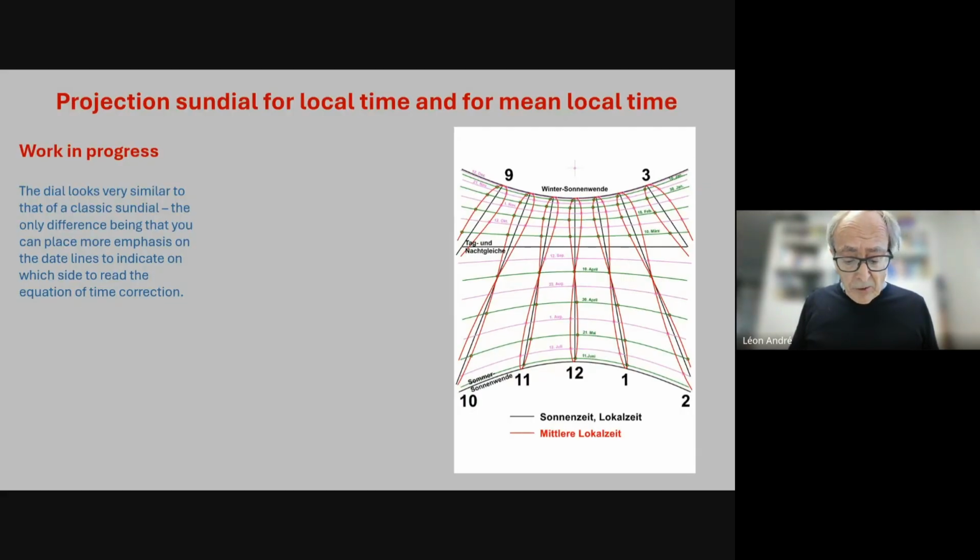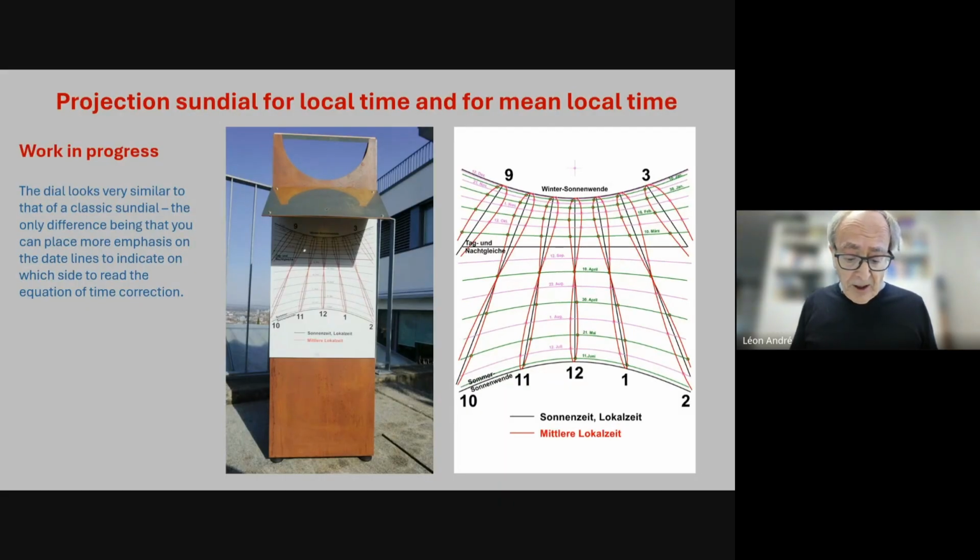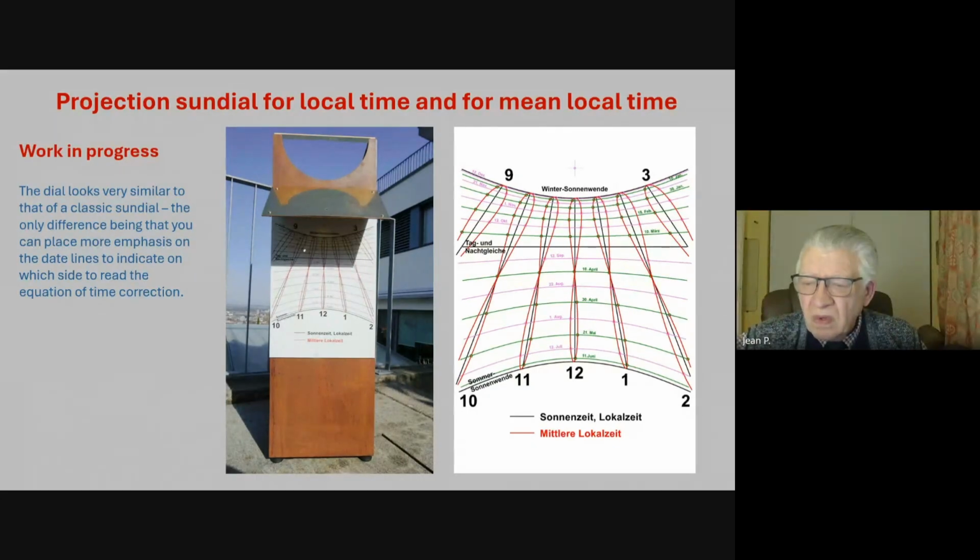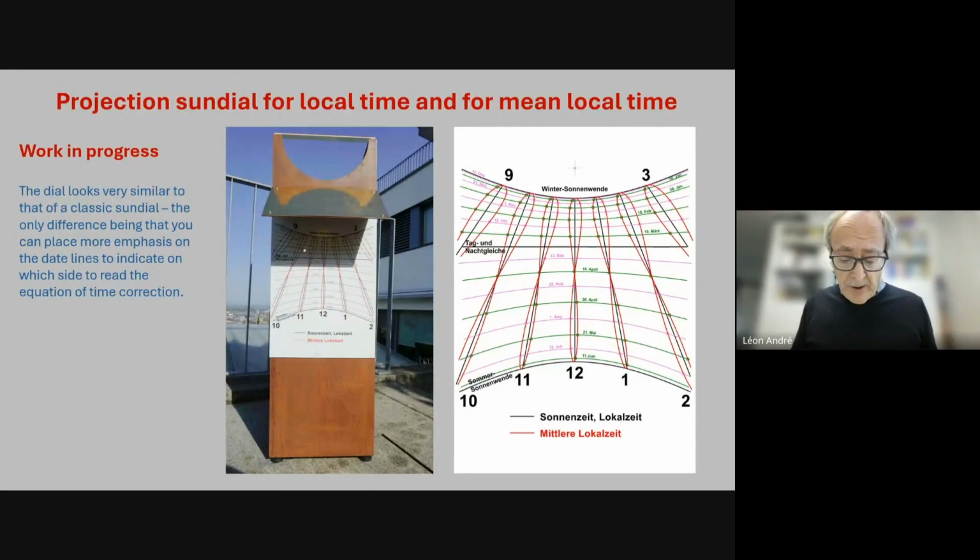The dial looks very similar to a classical sundial. The only difference being that the date line can be highlighted more clearly to indicate which side of the time equation correction is to be read.